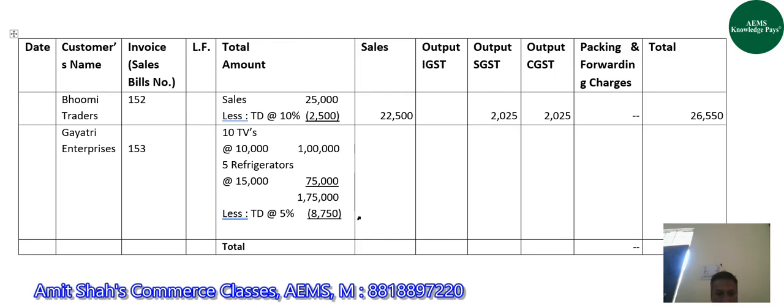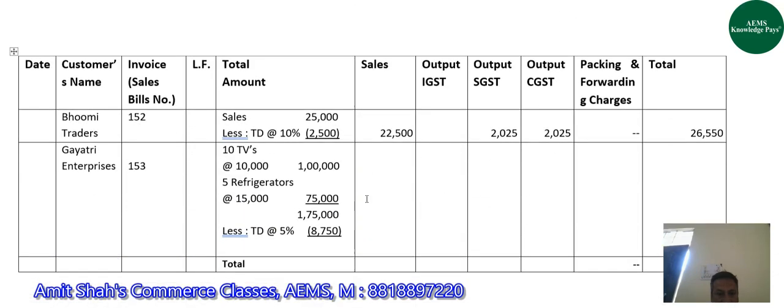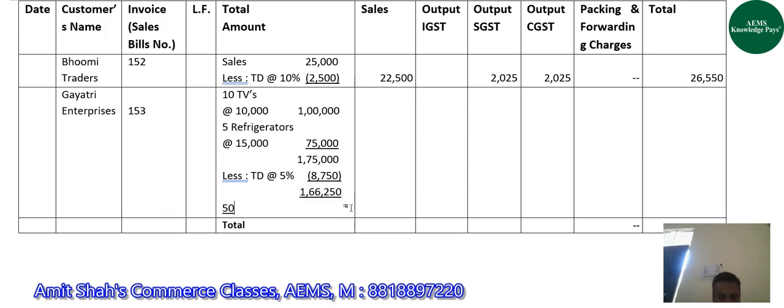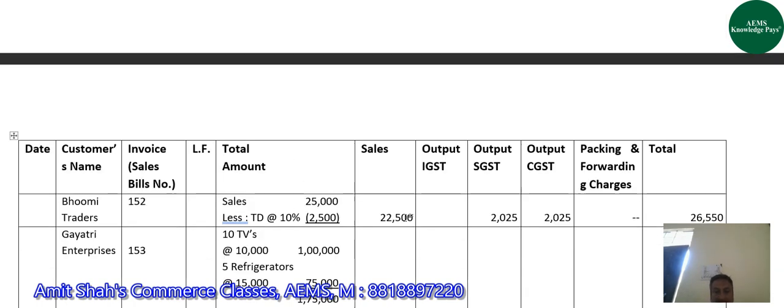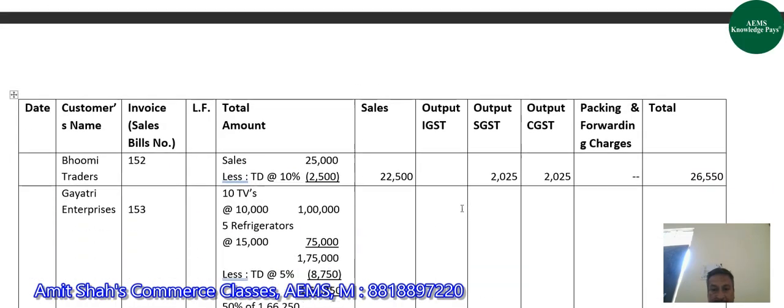Now the net amount is 1,66,250. 50% of 1,66,250 is our credit sales, and that amount is 83,125.